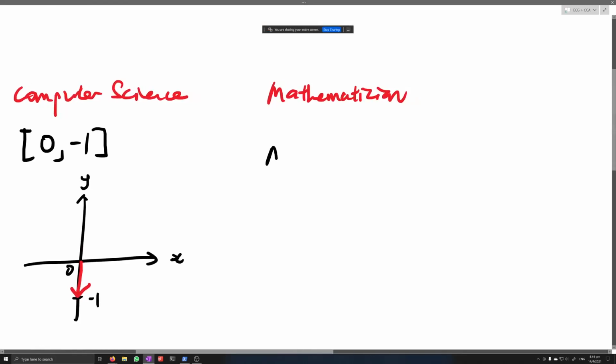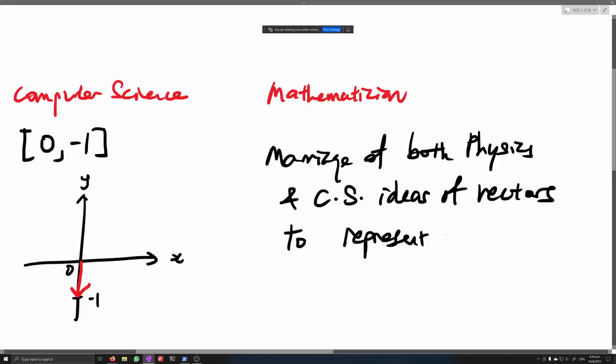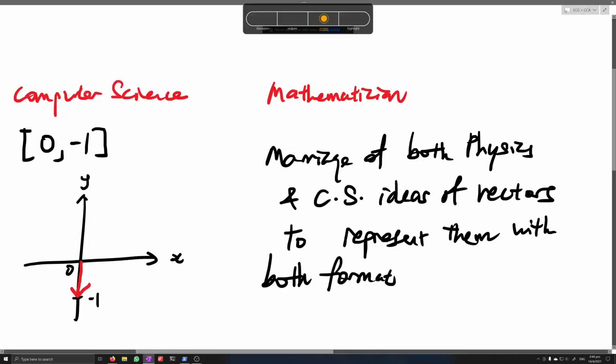The marriage of both physics and computer science ideas of vectors, to represent them in both formats.